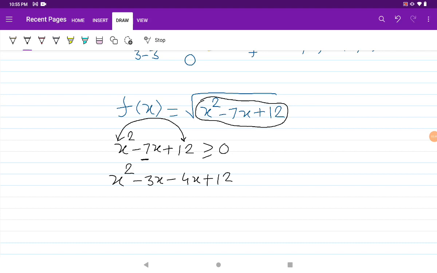So we can break 7 like negative 3 and negative 4. Now we can factorize this. We can factor out x from the first two terms, so it's x minus 3, and negative 4 from the next two terms.